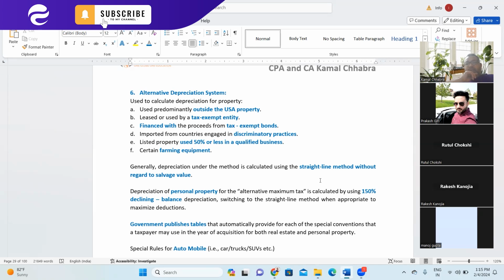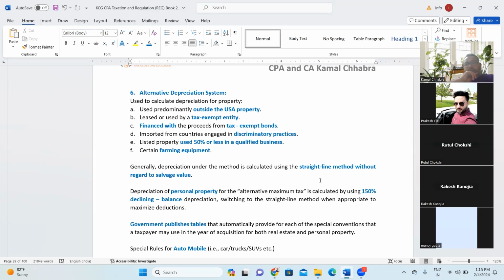Next is listed property used 50% or less in a qualified business. For example, let's assume you have a car. That car you are using for personal purposes as well as for business purposes. To claim the depreciation of that car, you transfer it to business purpose and use it entirely for business.